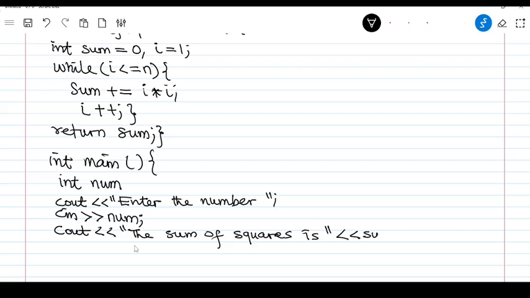So it's going to be sumOfSquares, and then we pass in our number into it, and after that we just return 0. So we say return 0.